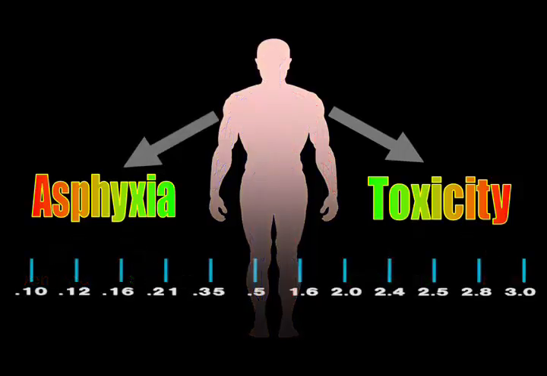As we look at the range of oxygen that we breathe or could be exposed to for a reasonable period of time, we basically have a range from 0.1 atmosphere all the way through to 3 atmospheres. In other words, 1/10 of an atmosphere of oxygen. Bearing in mind that when we breathe 21% oxygen in 1 atmosphere, that's 0.21.